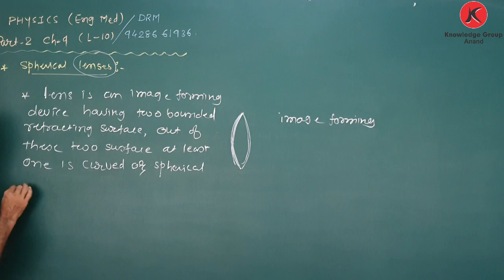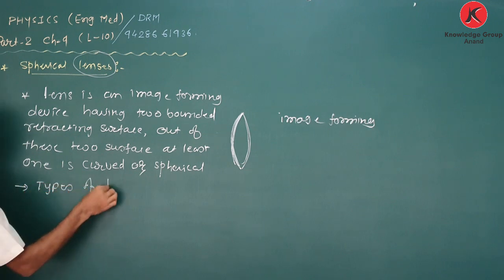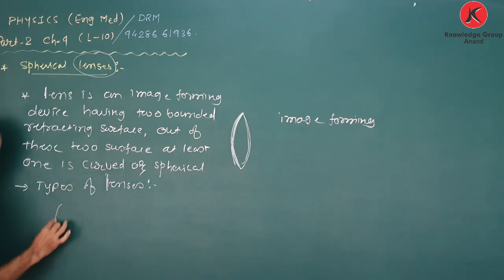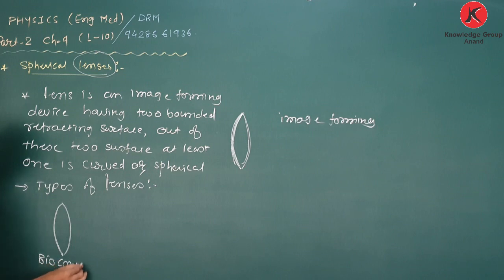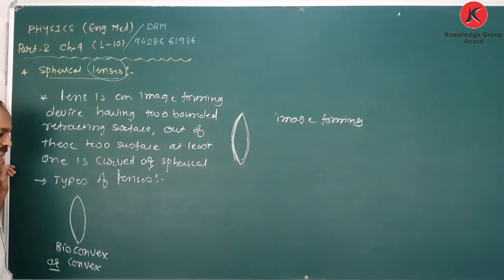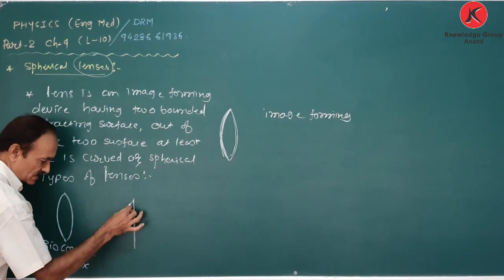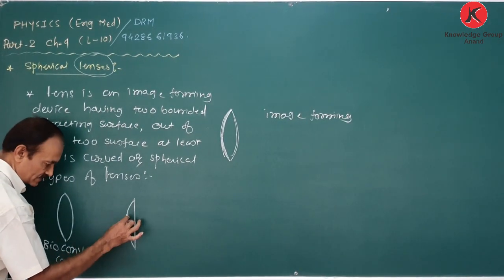Now the types of lenses. Suppose both surfaces are curved. Then that is known as the biconvex lens, or also simply the convex lens. After that, one surface is plane and the second is spherical in this manner.